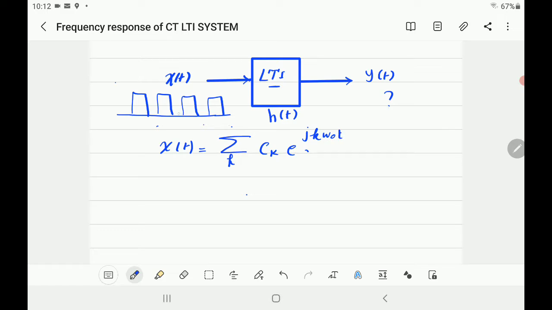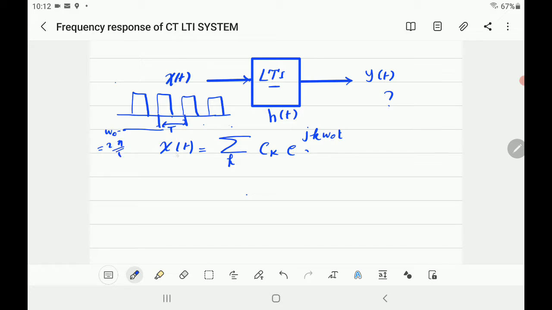You can calculate it from the period where the signal is repeated: if this is the period T, then omega naught equals 2 pi over T. So that's the fundamental component.